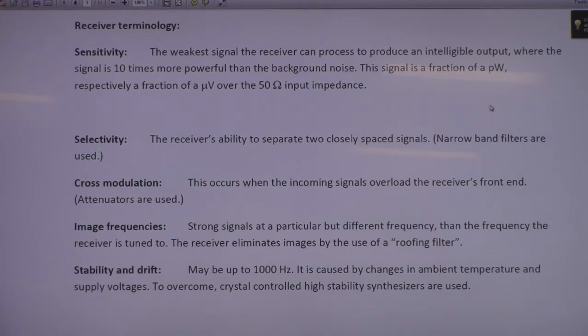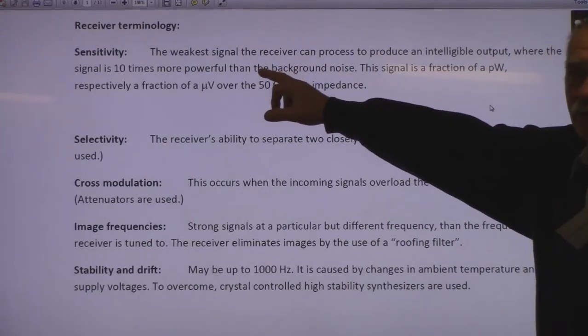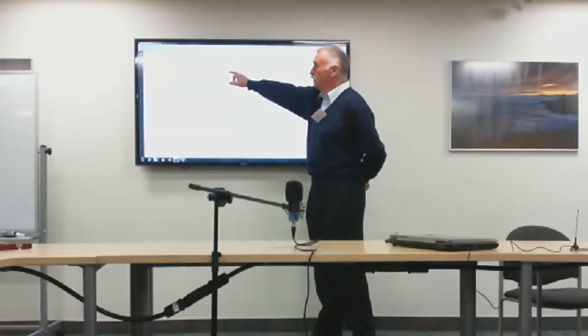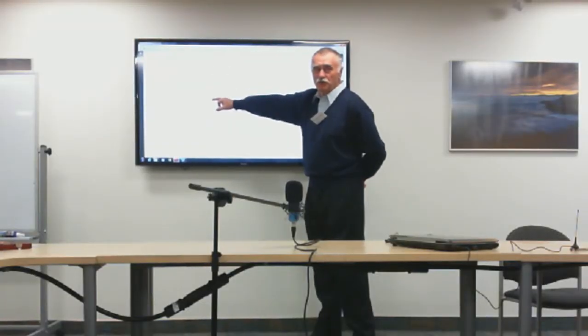Band pass filters are used, and band pass filters will allow the passage of only a certain selected frequency. Frequencies higher and lower are rejected. So sensitivity is for a signal to noise ratio of 10 to 1. Selectivity is provided by filters.